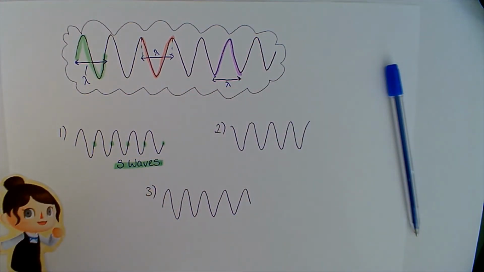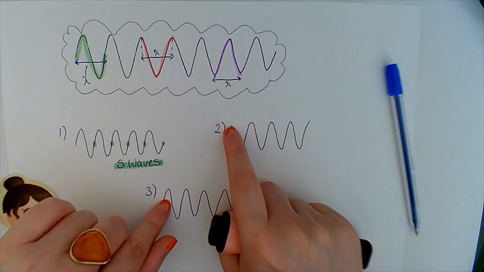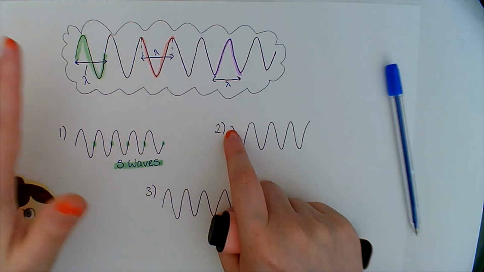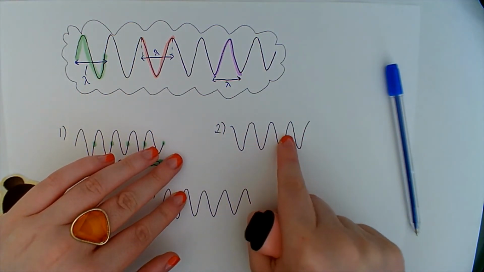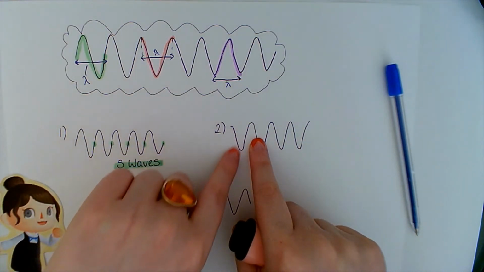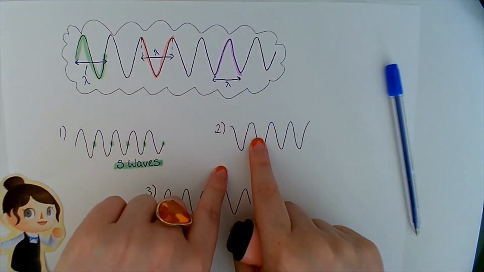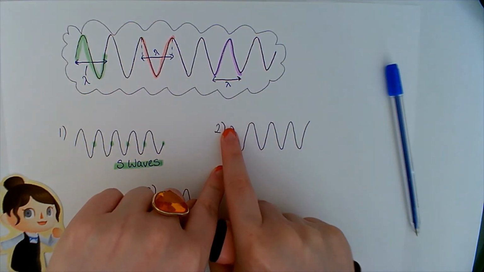Okay, so next one is a bit different because we start at a crest. I always think it's important to look at how the wave begins. You can't just start in the middle of the wave because that won't give you the full picture. If I were to start here, I'd be missing out this section of the wave at the start. So always start from the start of the wave when you're counting how many waves are in the wave train.